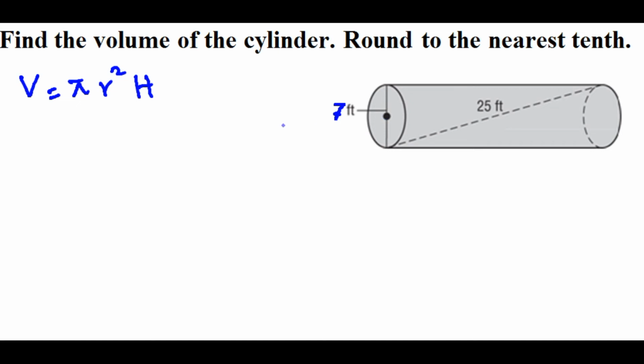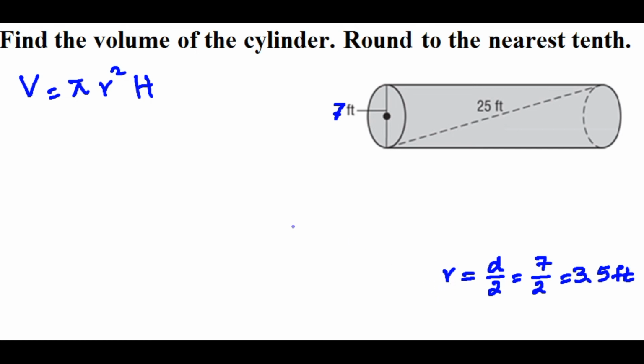So you know that if you are given diameter, you can find the radius by dividing it by 2. So r is equal to d over 2. Our diameter is 7. 7 divided by 2 is going to be 3.5. So 3.5 feet will be our radius.